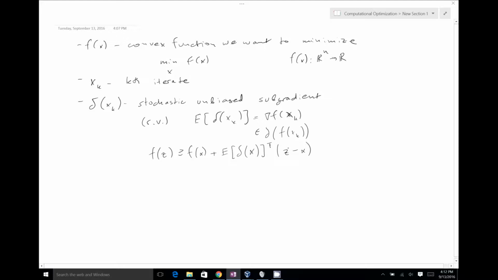Yeah, tangent line. Or another way to say it, a first-order Taylor approximation around x. And that's exactly kind of what a subgradient does.